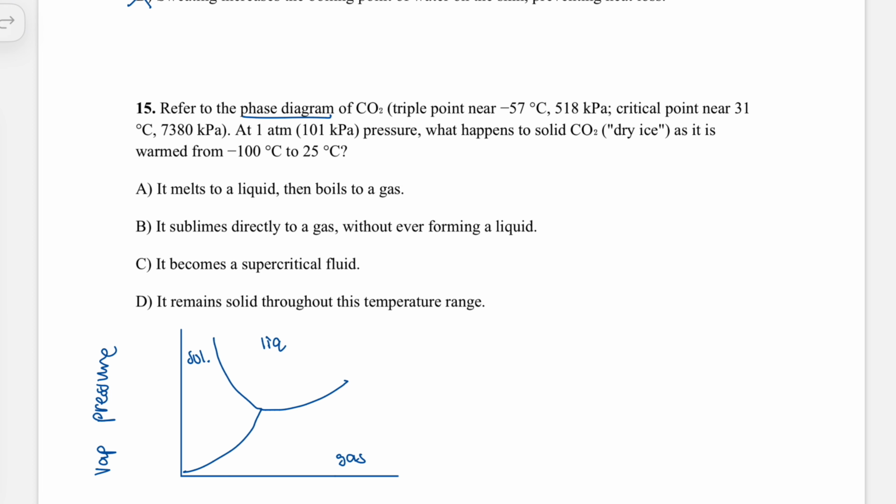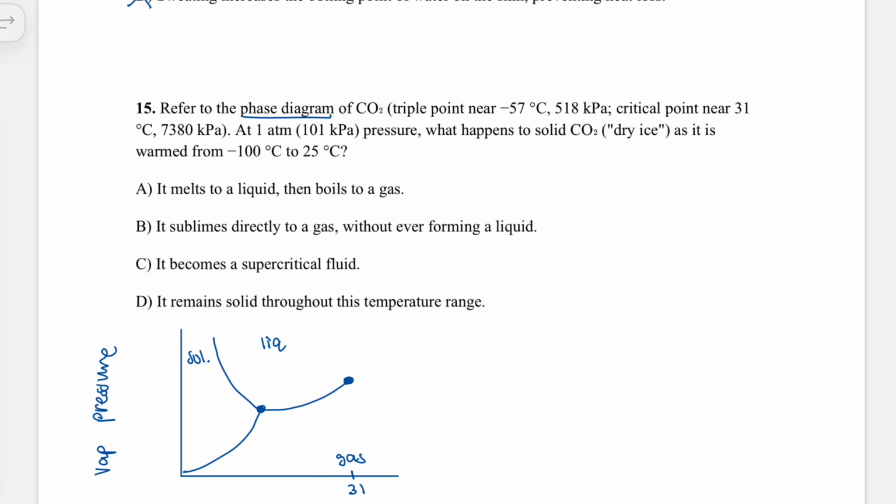So they say a critical point near 31 degrees Celsius. The critical point is the point where the line between liquid and gas ends. So that's over here, and I'll label this 31. And then the triple point is near negative 57. The triple point is exactly what it sounds like.